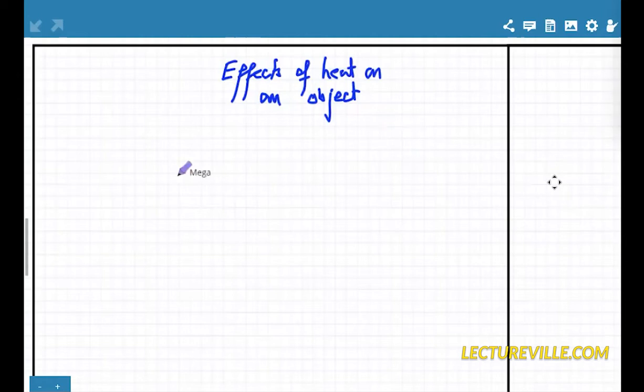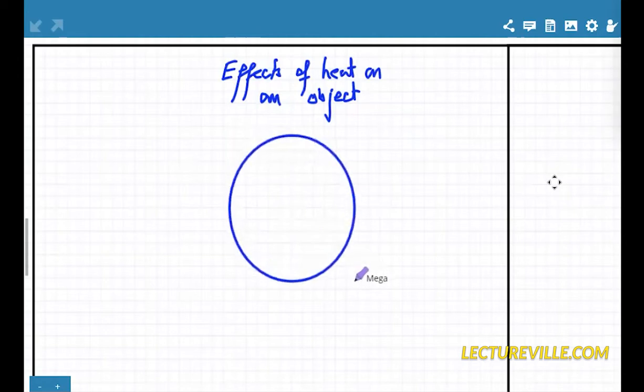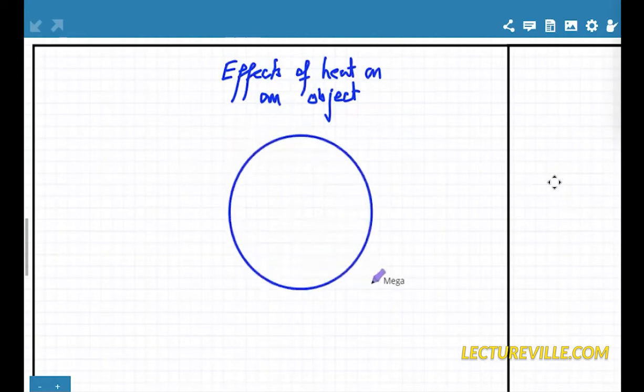Now, we will not be discussing thermal expansion today. I am making a model of heat. This is an object, and this is a syringe that doctors use to inject medicine into the human body.